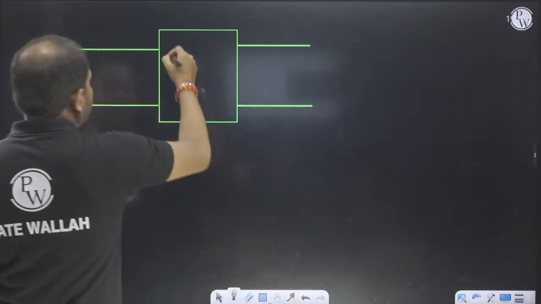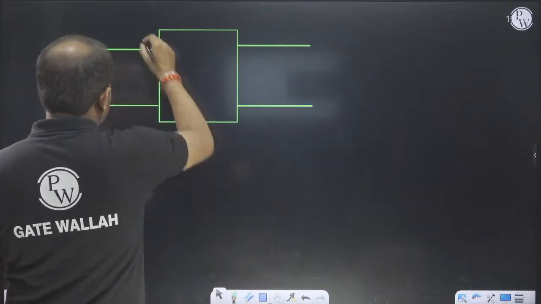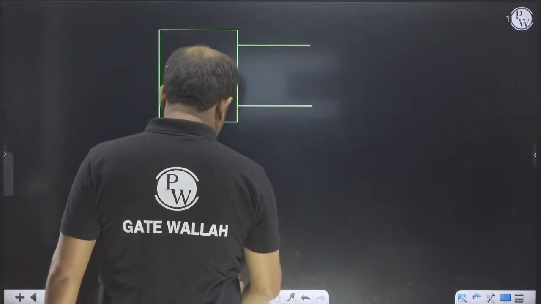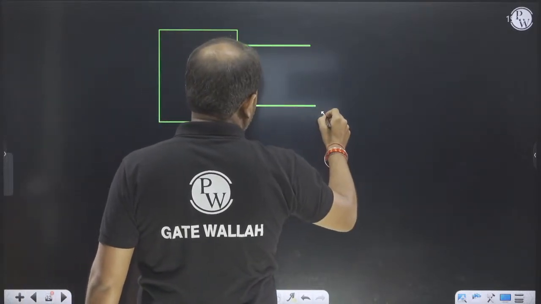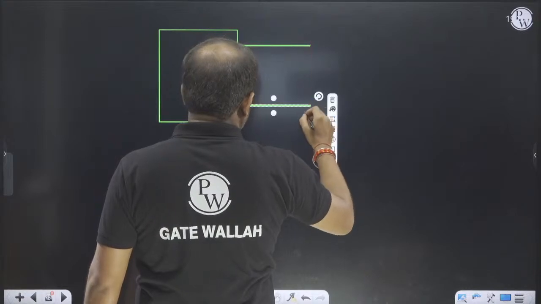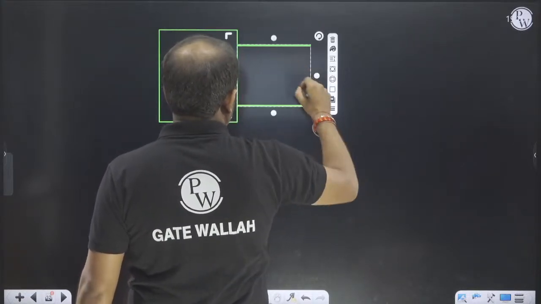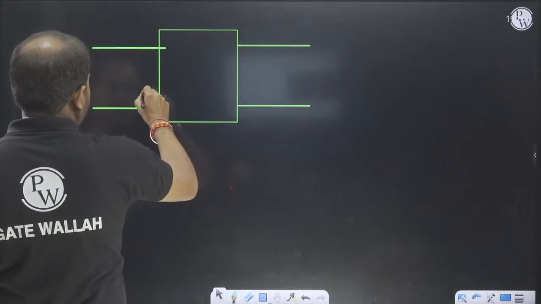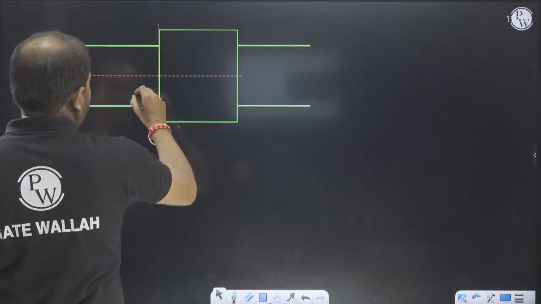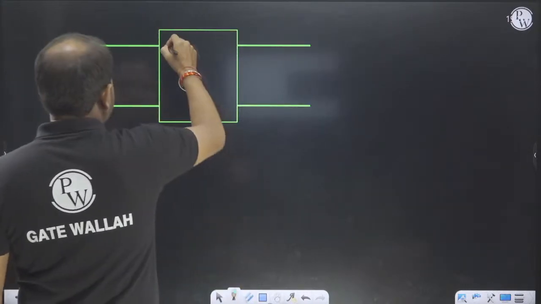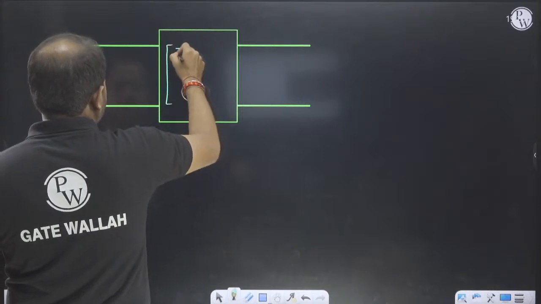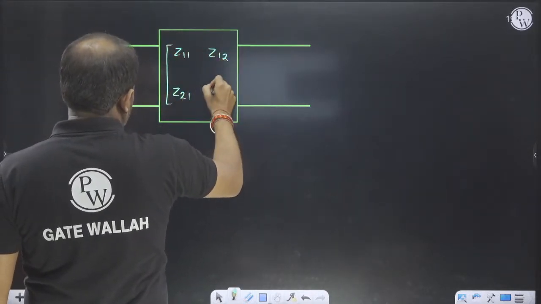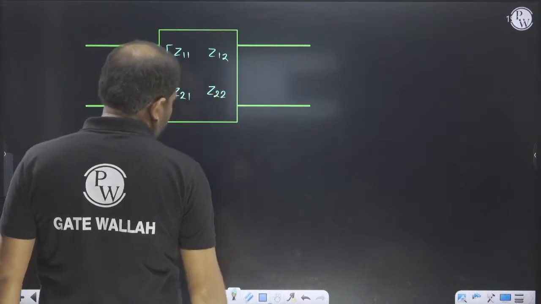With respect to this, there is a Z parameter: Z11, Z12, Z21 and Z22.